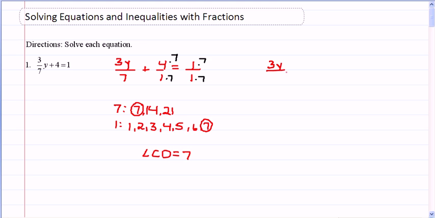So if I rewrite this equation as 3y over 7 plus 28 over 7 equals 7 over 7, the denominators cancel so that I have 3y plus 28 equals 7.